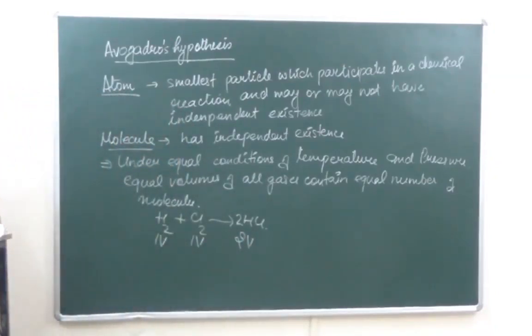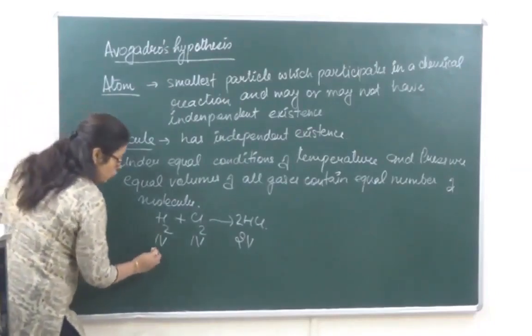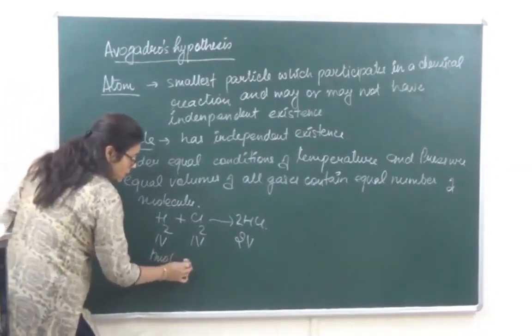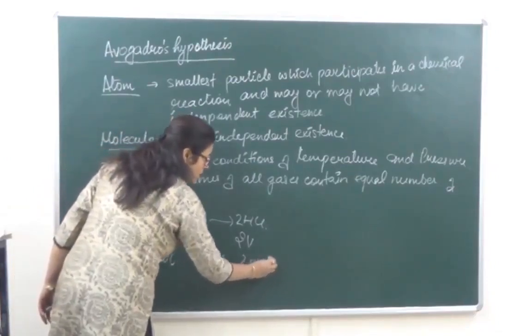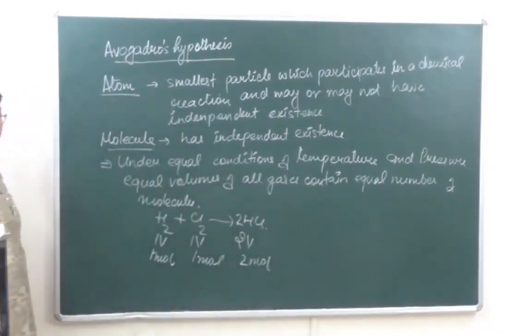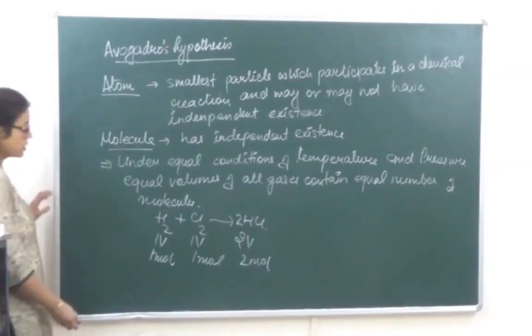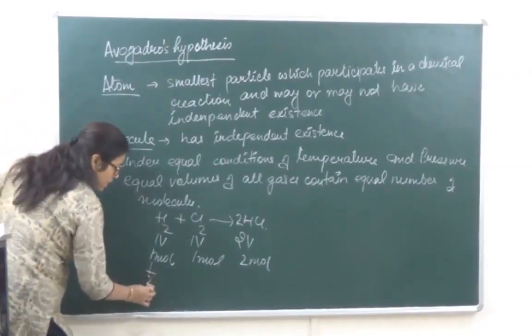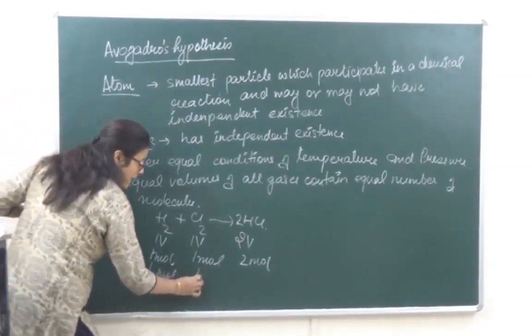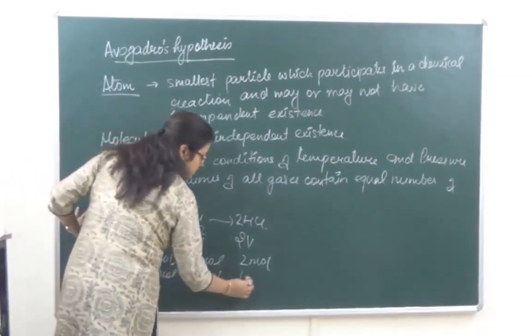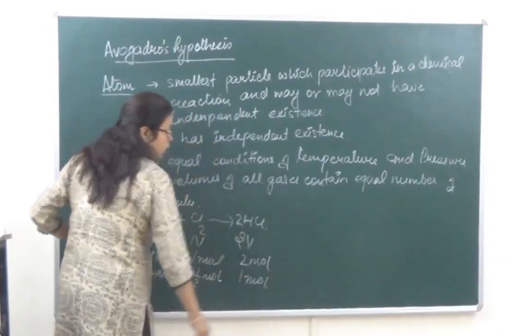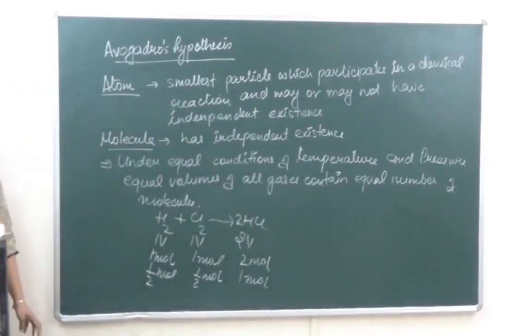If we take one molecule, one molecule is giving us 2 molecules. And if we take half a molecule, it is going to be half molecule and half molecule to give us 1 molecule. This is Avogadro's hypothesis, right?